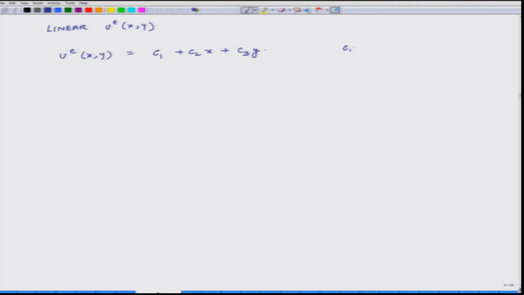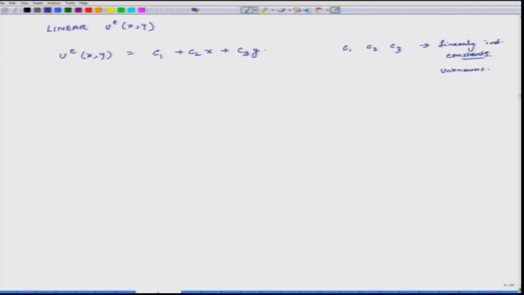Okay. So, here C1, C2, C3 are linearly independent constants, and this is linear in x and y, and they are unknowns.